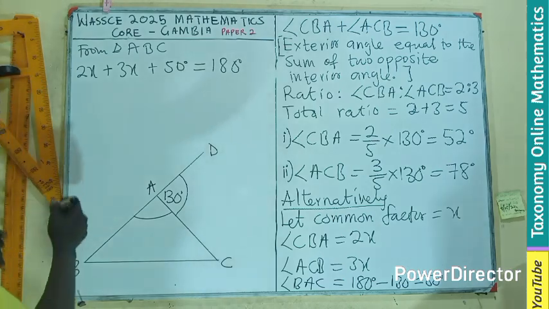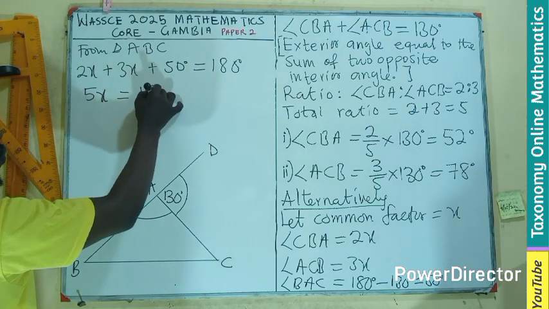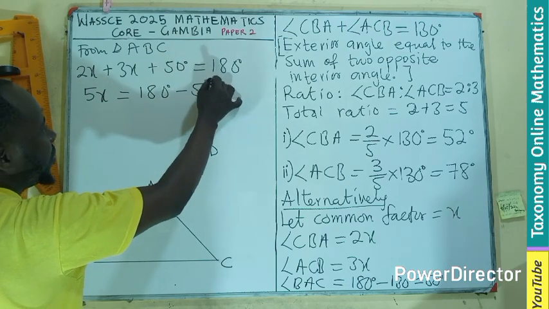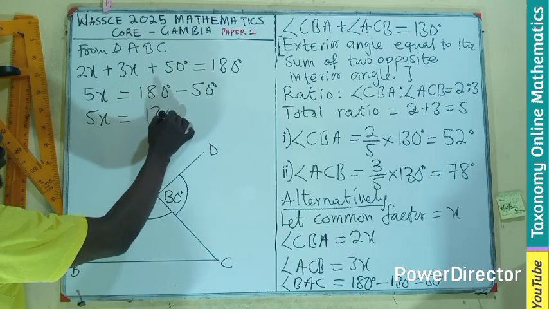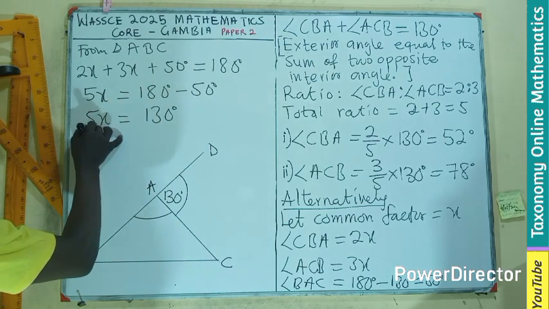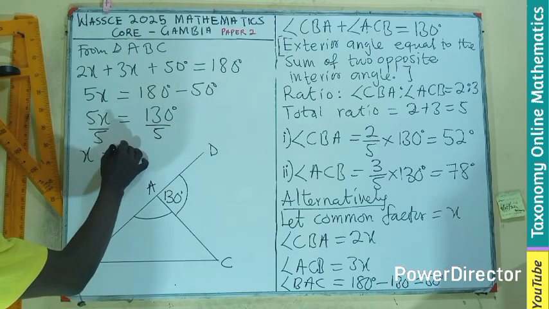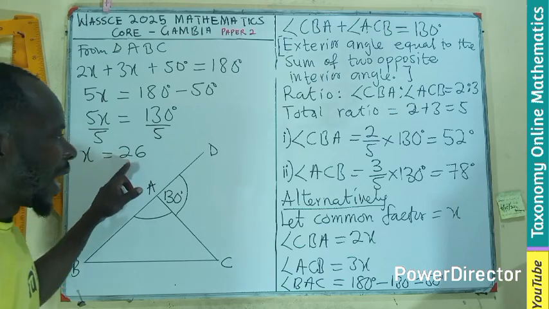So I have 5x equals 180 minus 50, so 5x equals 130. Divide by 5 and x equals 26. So we see here also that we have 26.